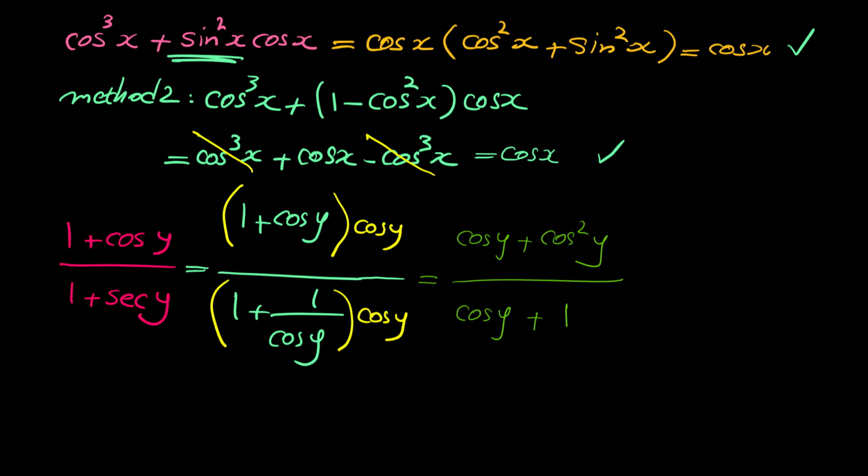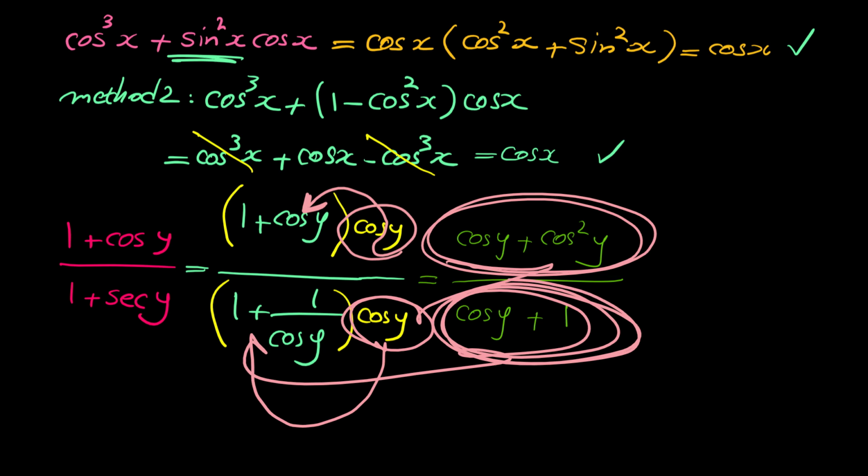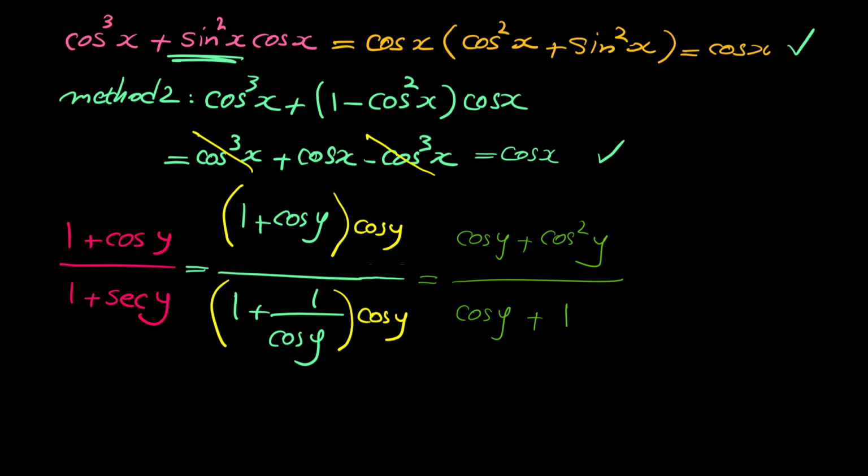But if you pay attention, we did something bad here. There was really no reason to multiply cosine in the bracket, because by multiplying the cosine y that was outside of the bracket into the bracket, we got this, which is not really simplified. The reason that we multiply this is that when we multiply, we get a simpler expression. But when we multiply the numerator in the bracket, it's not really simplified. So maybe it's better not to multiply this cosine in the bracket.